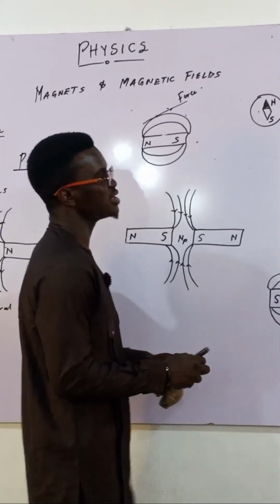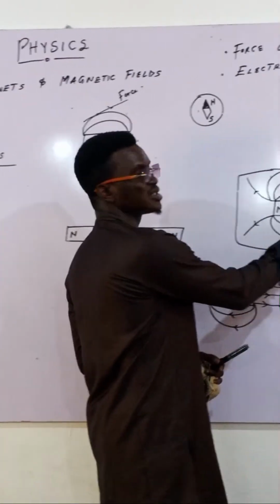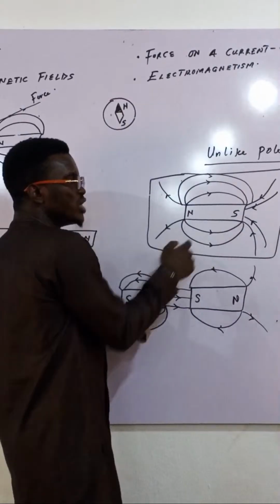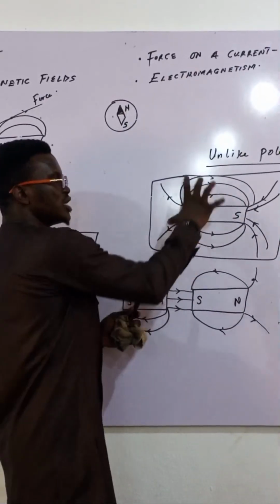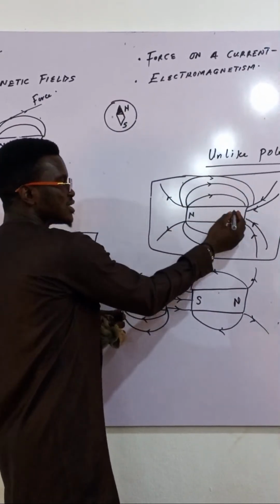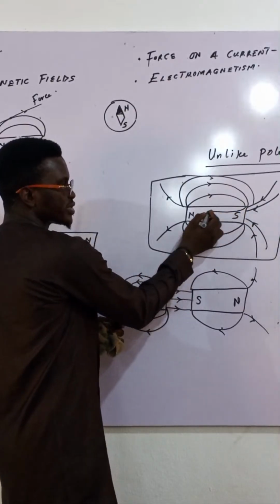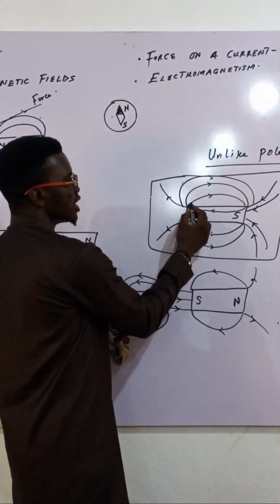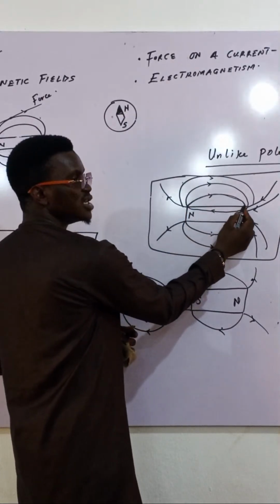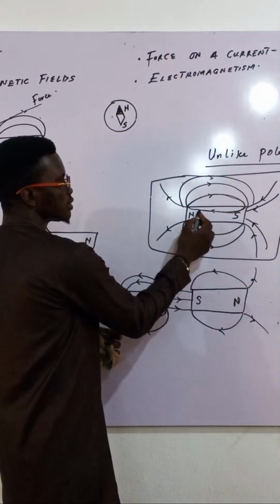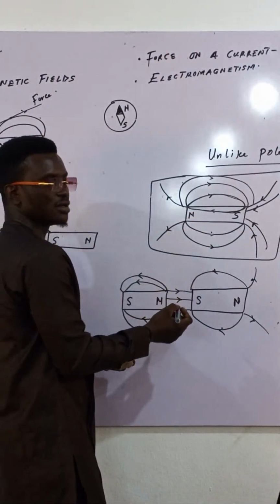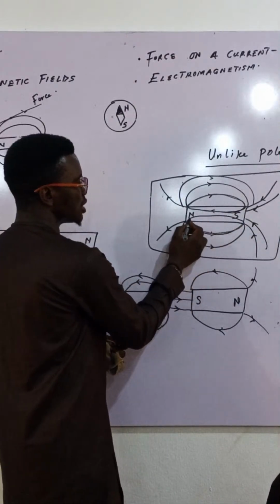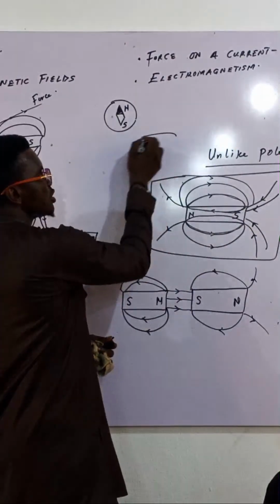This is what I'm saying. This is north, this is south. So the field runs from north to south outside. But within the magnet, it continues, so it runs from south to north. Let's say this one is coming this way, then inside, it will continue this way. Do you see that? So you can see that that's like a closed loop.